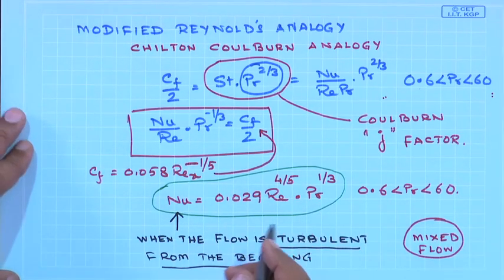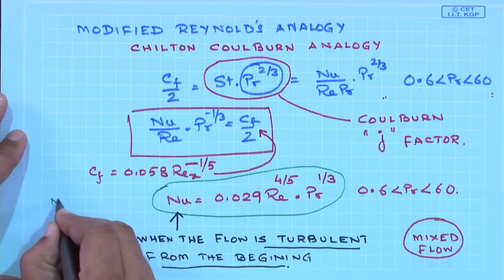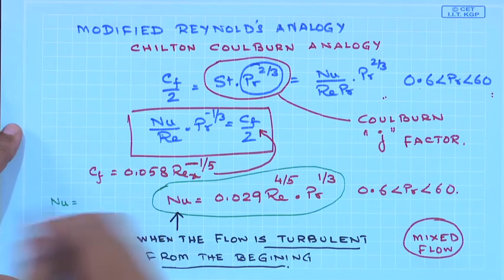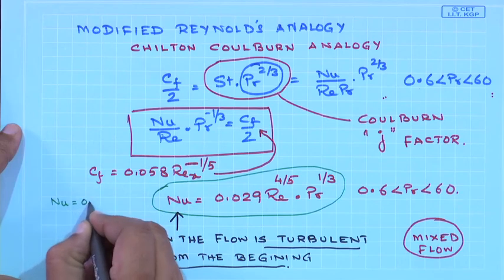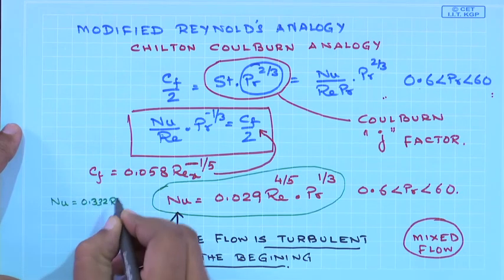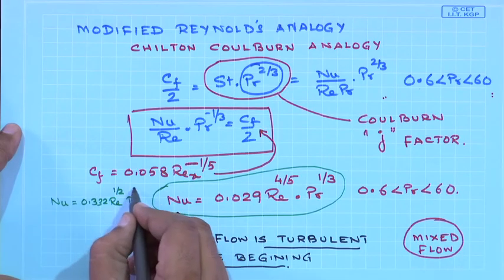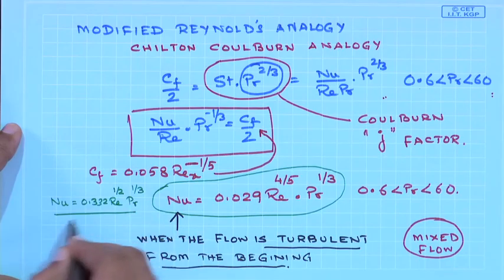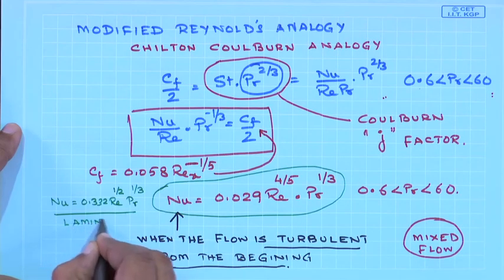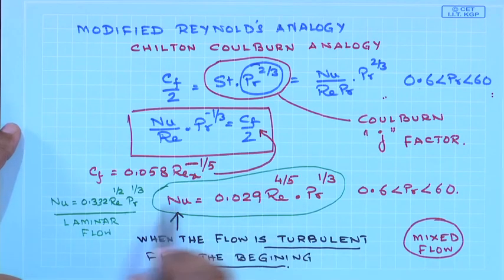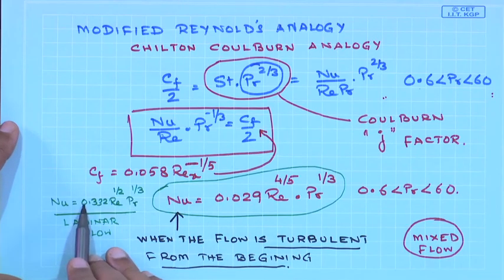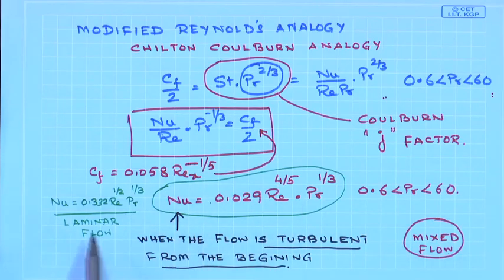But however, I would once again write the Nusselt number for the case of laminar flow, which just to compare them is 0.332 Re to the power half into Prandtl to the power 1/3. So, this is for laminar flow and this one is for turbulent flow. So, together if I combine this and this together, what I get is mixed flow, but this is obtained almost completely analytically.